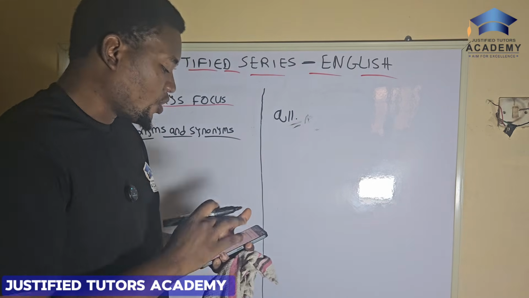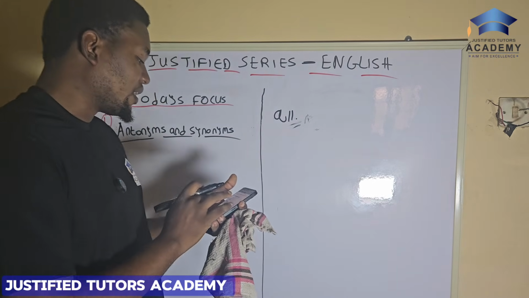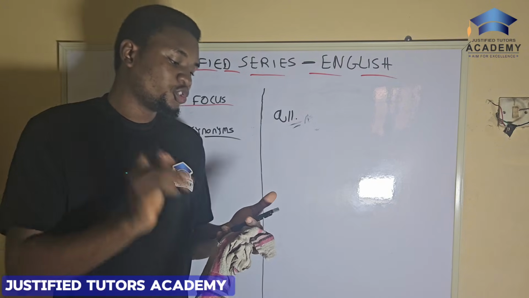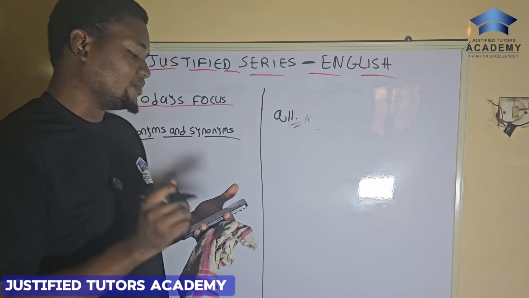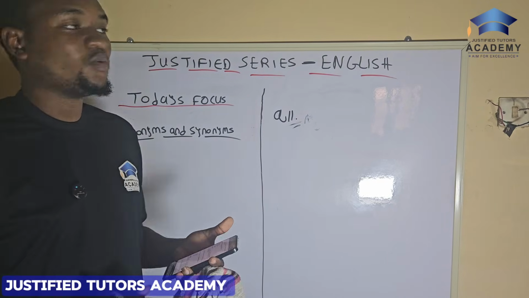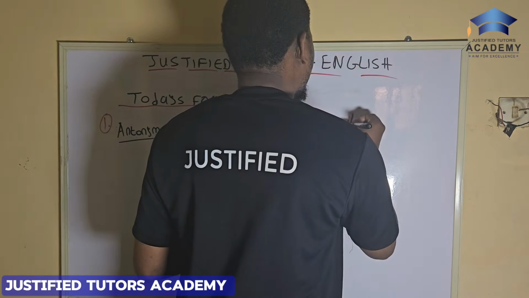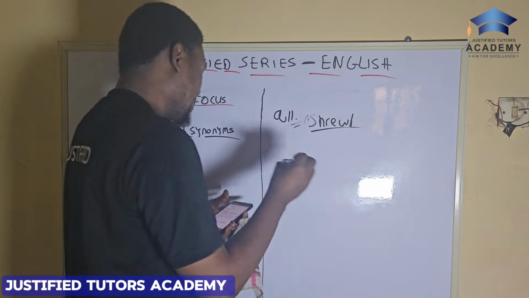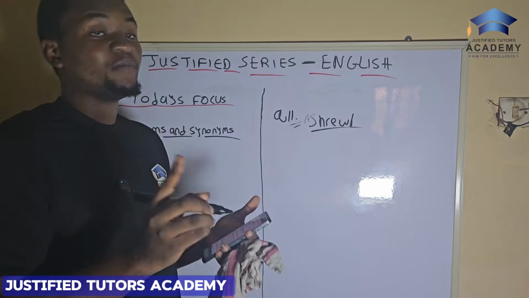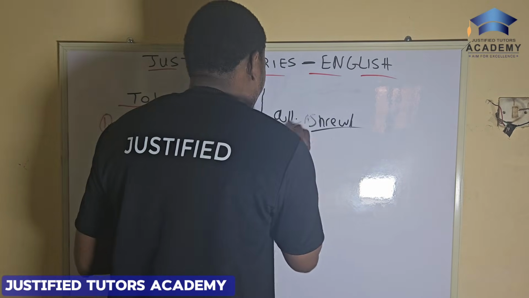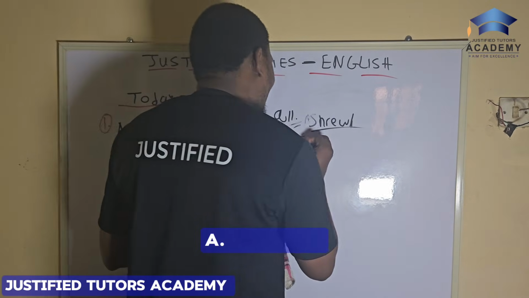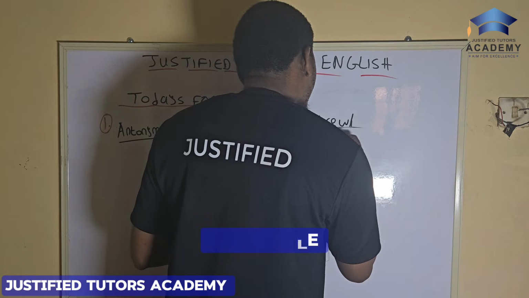Question 11 says, choose the option most nearly opposite in meaning to the underlined word, and the underlined word here is shred. They said, my mother is a shred businesswoman. Option A is reliable.